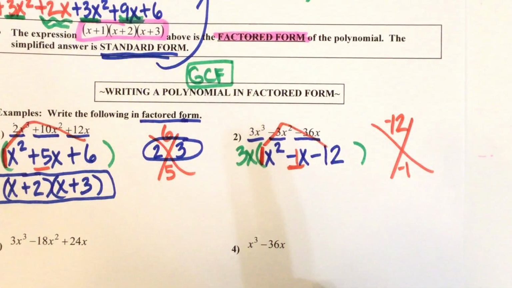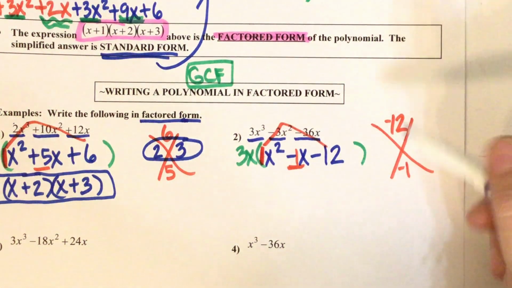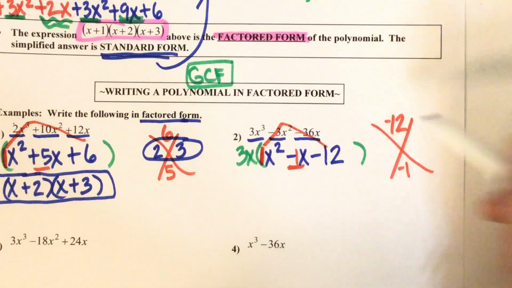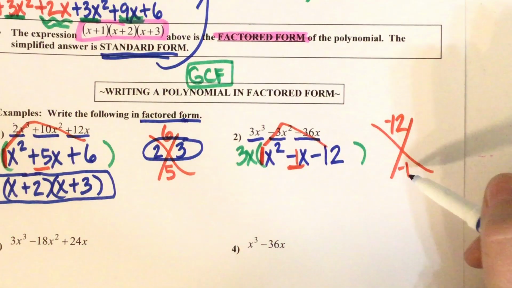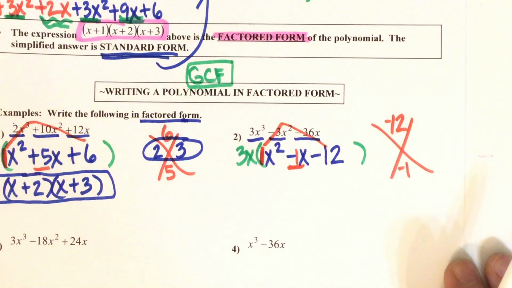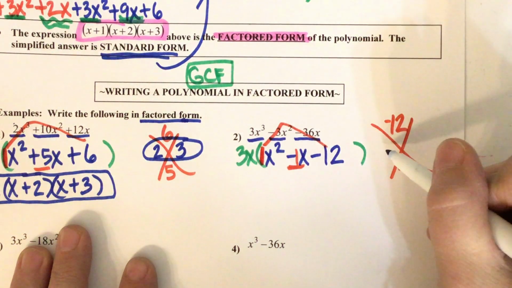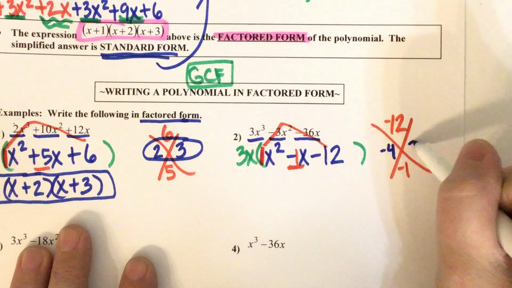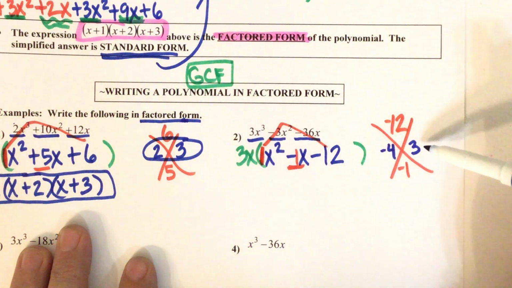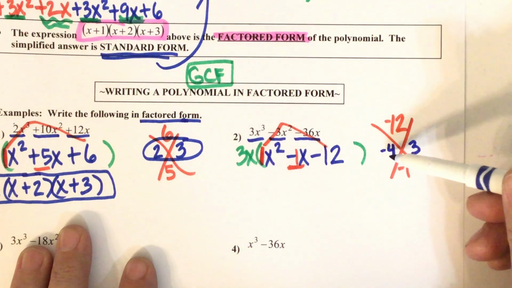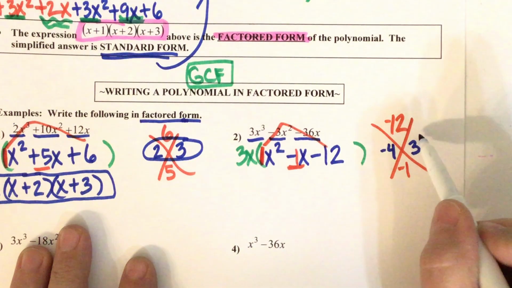All right, so I need 2 numbers that multiply to make negative 12 and add to make negative 1. And it's a negative 4 and a positive 3. Negative 4 times 3 is negative 12, and negative 4 plus 3 is negative 1.